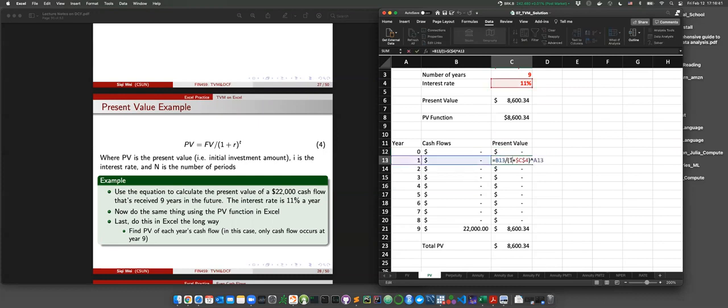So it's a replication process. Basically, I discount back and sum up all the discounted values of each period. Now I have the total present value. But in this case, all the intermediary cash flows are 0, so that doesn't change the dynamic.